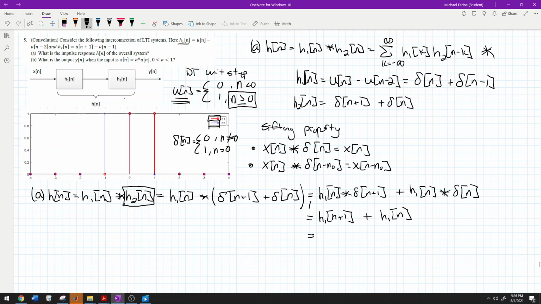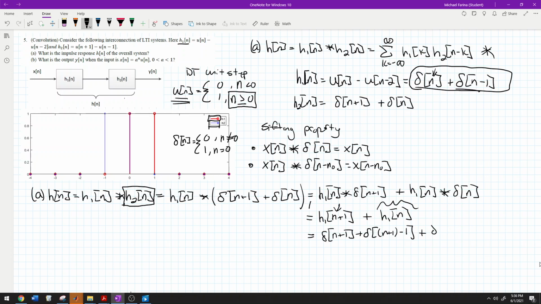And now we can evaluate h1 at each one of these. Here's our definition of h1. So now we're just going to swap this out here with this right here. So we get delta of n plus 1, and now we'll do the second term, plus delta of n plus 1 minus 1. And then this one's really simple.